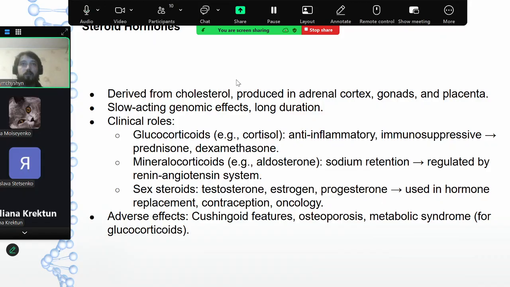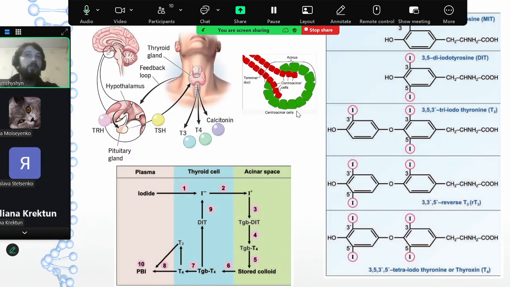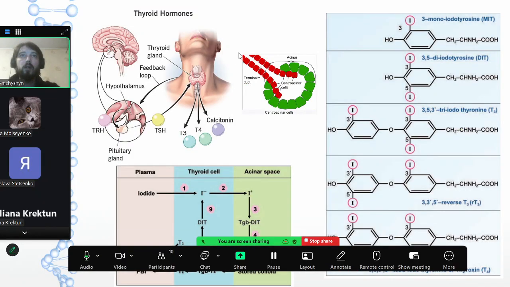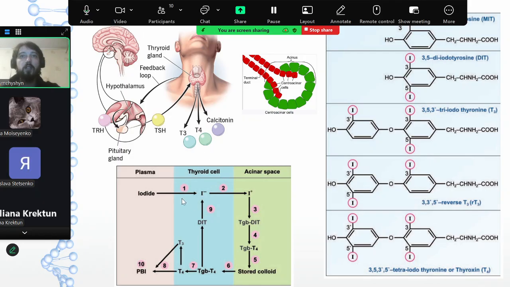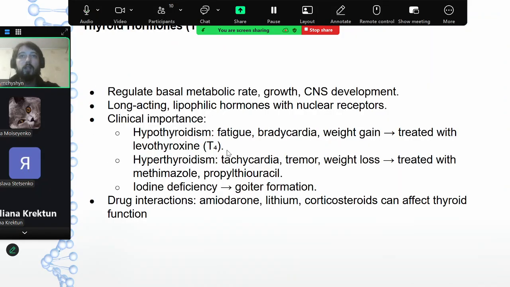So they have genomic effects, long duration, and they can diffuse through the membrane. Here are examples of thyroid hormones. Once again, some formulae for you. You see that we need iodine when synthesizing these hormones, T3 and T4.